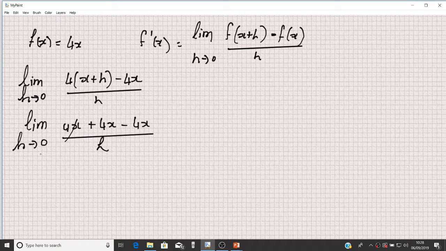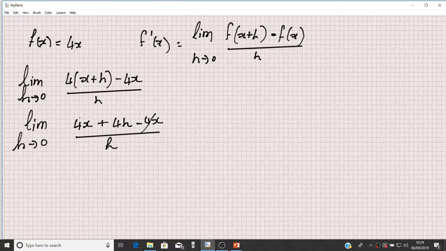And we notice here this positive 4x cancels the negative 4x. So we're looking at the limit. Let me just go back a moment and correct my error there. It's 4x plus 4h minus 4x over h.